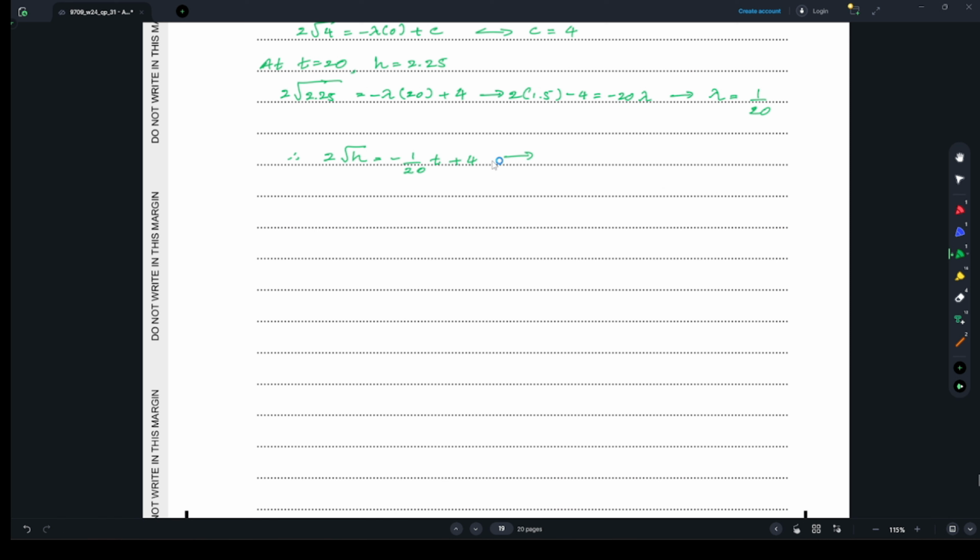You can bring 1 over 20 t to the left side, so it becomes plus, and 2 root h to the other side, so 4 minus 2 root h, and then multiply by 20. So you have t equals 80 minus 40 root h.